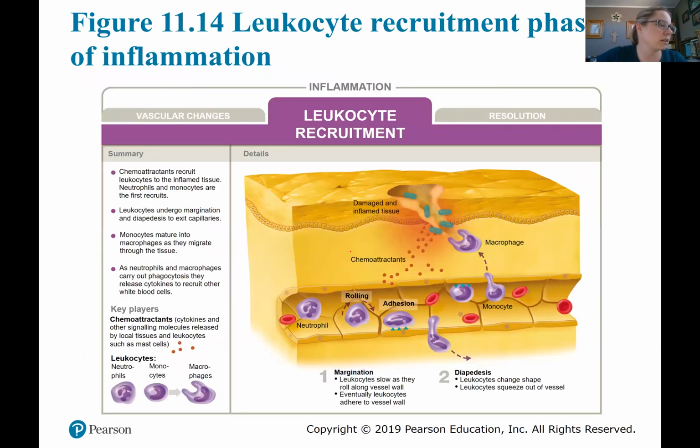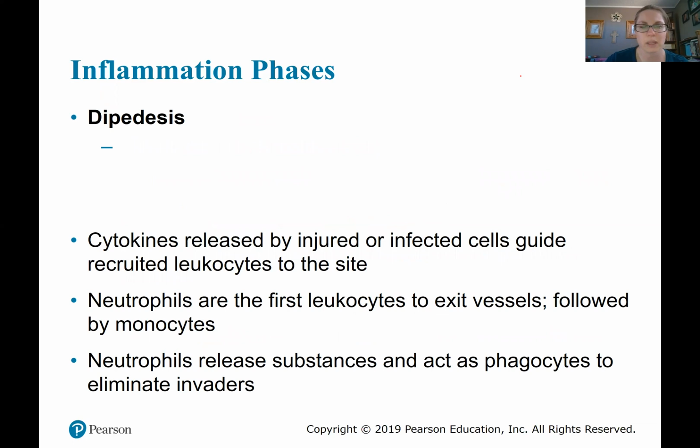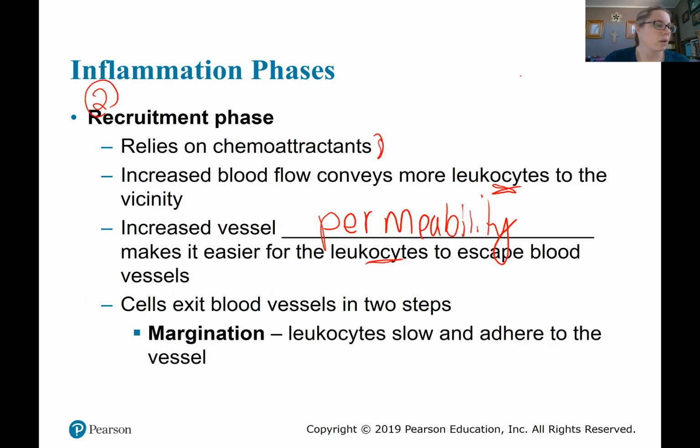If you wanted to look at this while I'm talking about it, it's on 342 of your book, or you can look on your slide there. You can see how those chemical messages, those cells are trying to leak out or sneak out of the blood vessel to get to the actual site of infection.